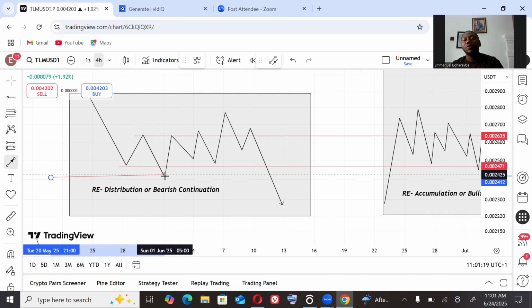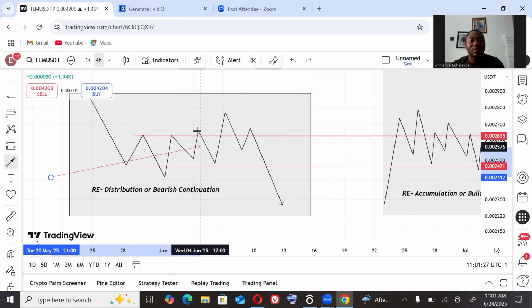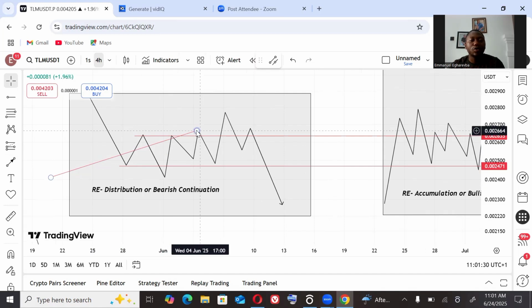Now, what happens? Buyers see this opportunity. Smart traders see it and they start buying. They buy all the way to this point.